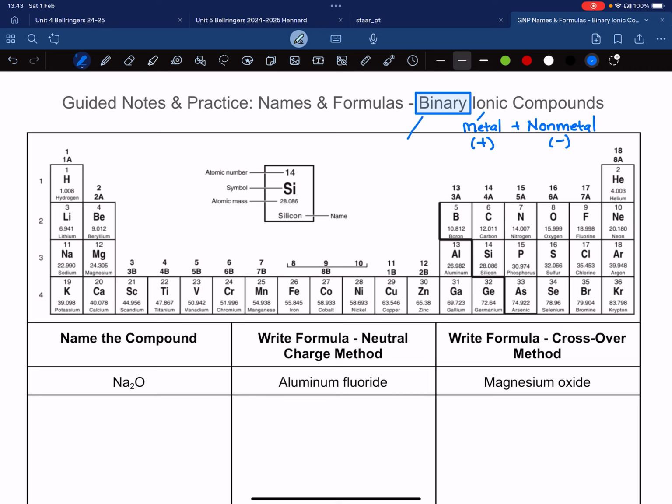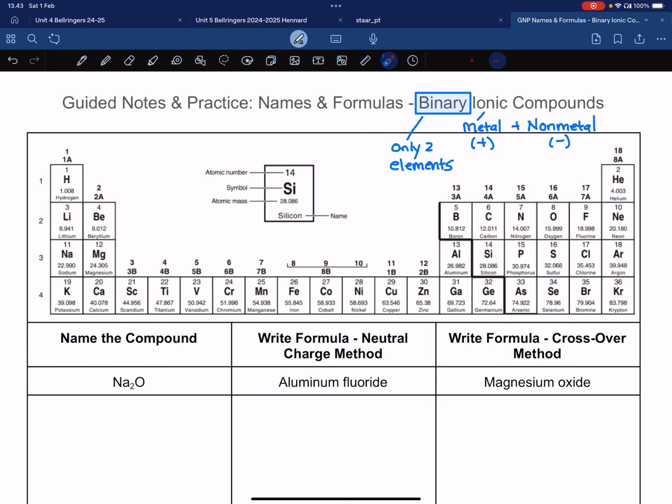Binary means only two elements. For example, Na, sodium, and O, oxygen. Two elements, binary.